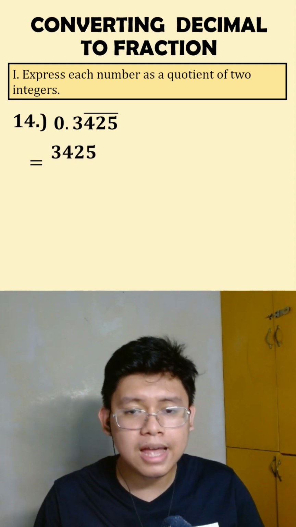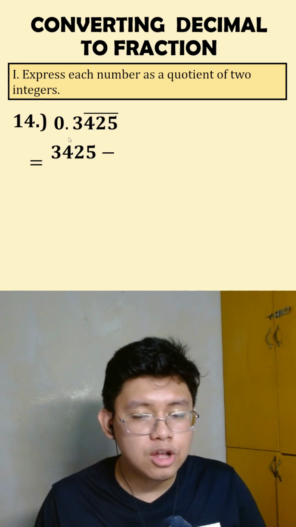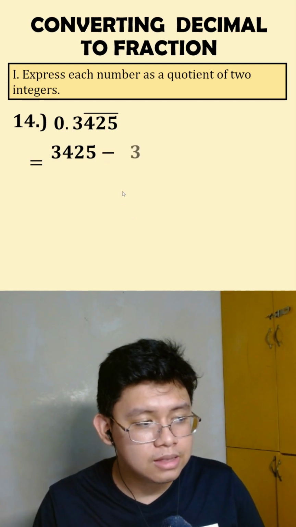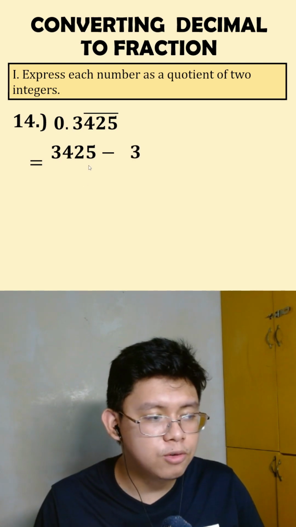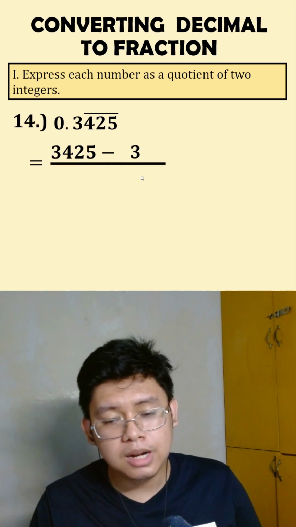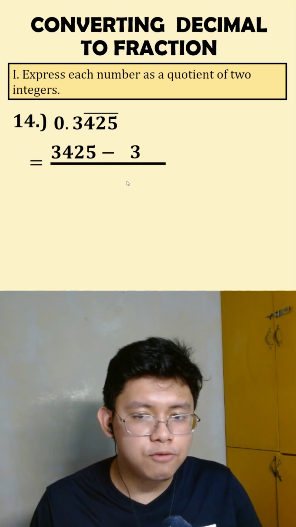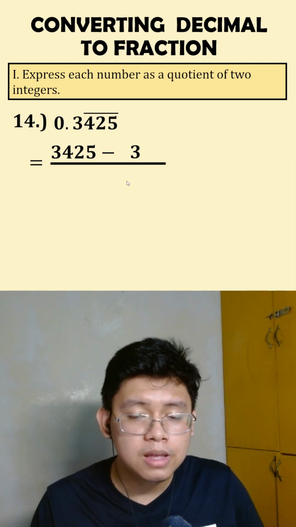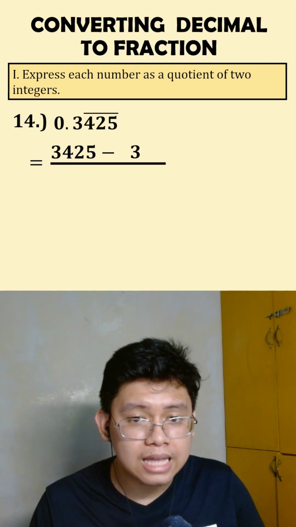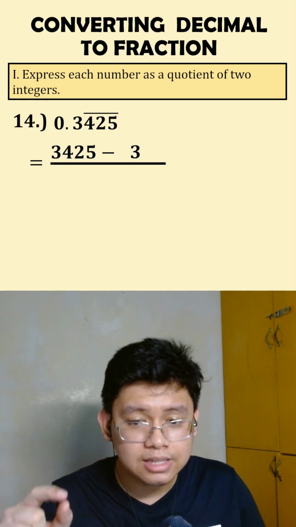Now, since meron tayong non-repeating decimal, we will subtract this by the non-repeating decimal, which is 3. So, 3,425 minus 3. Then, punta naman tayo sa denominator natin. So, sa denominator natin, for every repeating decimal, okay, we will be placing 9. And then, for the non-repeating decimal, ang lalagay natin ay 0.